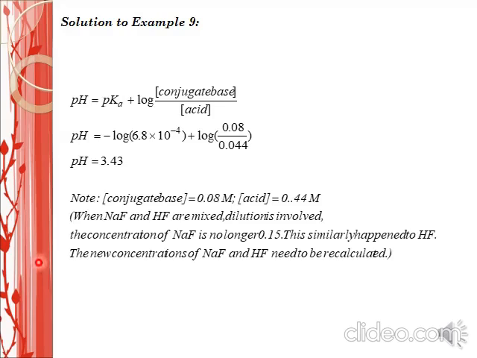We use the Henderson-Hasselbalch formula to solve that question, but what we need to do first is calculate the new concentration of both the weak acid and conjugate base after the mixing. And how do we do that? We use the M1V1 equals M2V2 formula.